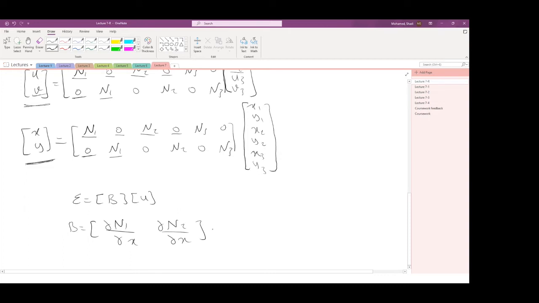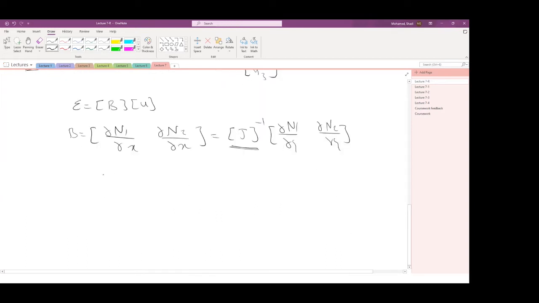Now we cannot have that. Instead, we have the Jacobian inverse multiplied by the derivative of n1 with respect to psi and n2 with respect to psi. So to find the strain, the first thing we need to do is to find the Jacobian. So I'm just going to do the Jacobian first, and then I will come to the strain.